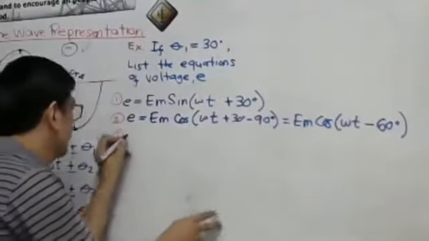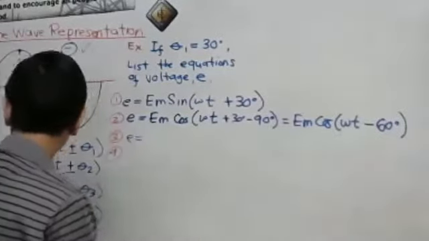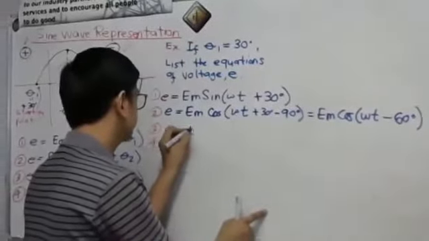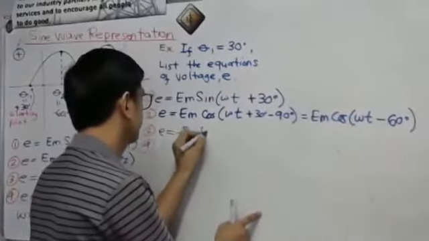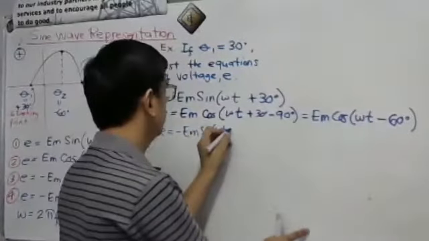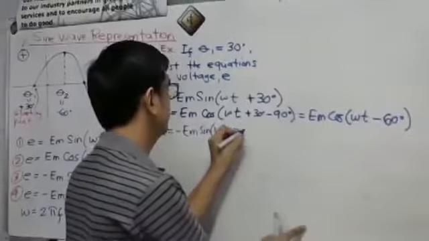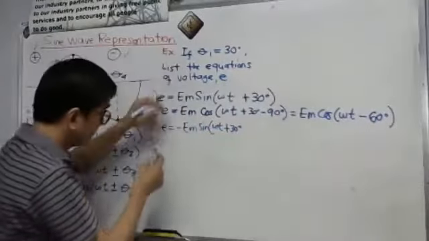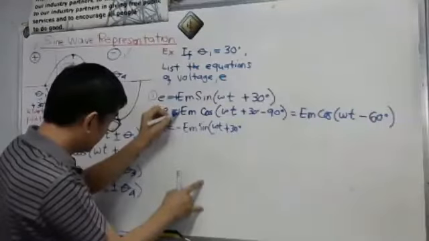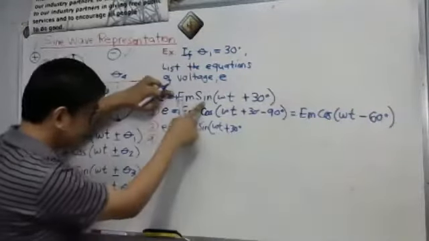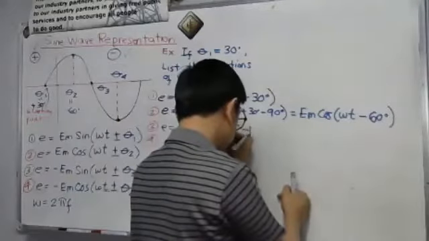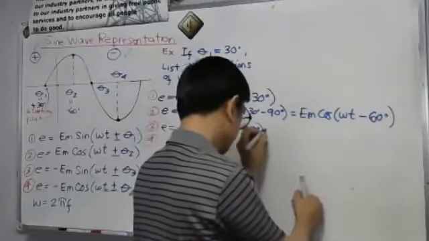What about now for number 3? For number 3, we have negative E sub m sine omega t, with plus 30 degrees. From positive sine to negative sine, you subtract 180 degrees.